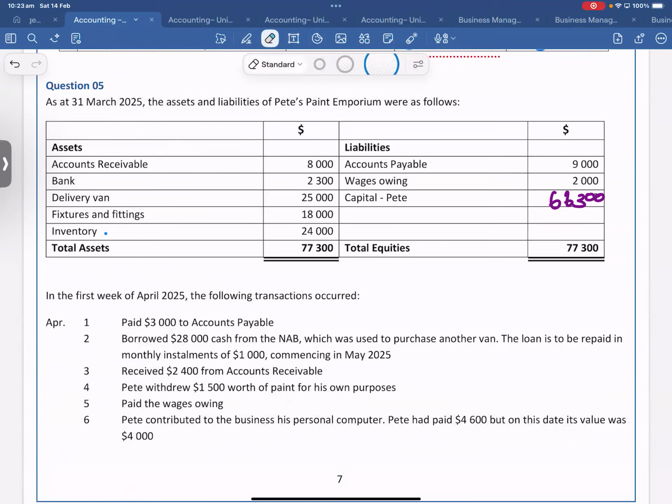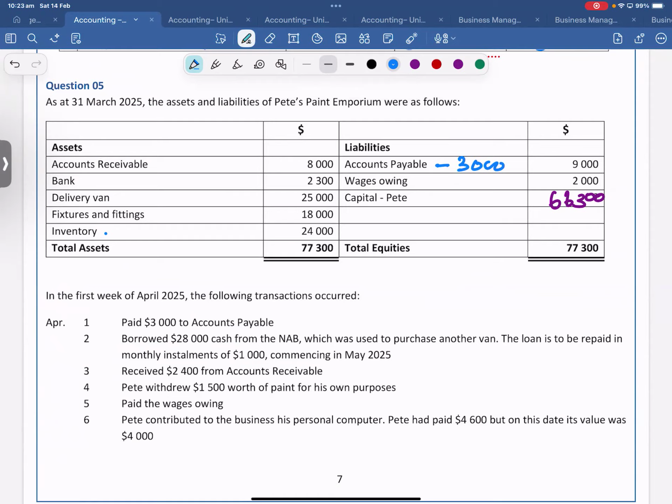Right. What is happening to pay 3,000 to accounts payable? What happens? Okay, so what I would do is I'll put minus 3,000 for accounts payable. Then what else?